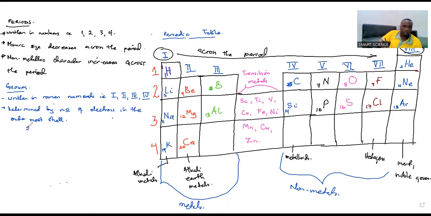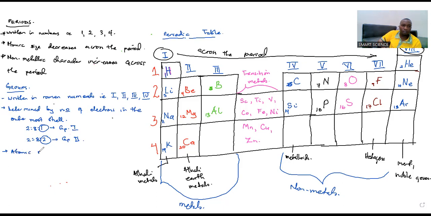If I rate you as 2 to 8 to 1, you belong to group 1. I rate you as 2 to 8 to 2, you belong to group 2. Simply because the number of electrons in your outermost shell represent the group to which you belong.